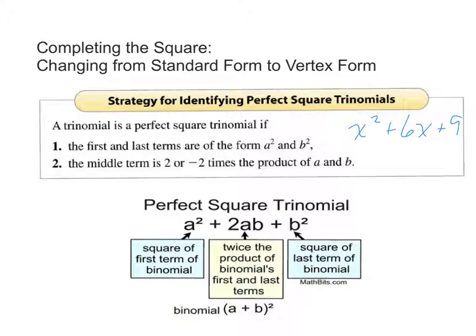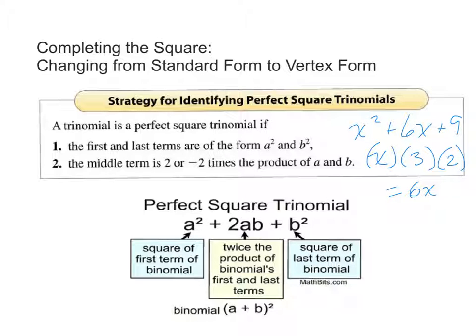So the square root of the first term, and what's the square root of the last term? 9. So x and 3 are the a and b. So if we do x times 3 times either 2 or negative 2, it should give us the middle term. Does that give you the middle term? x times 3 times 2, 6x. So that is a perfect square trinomial.